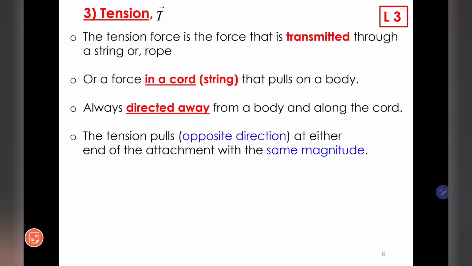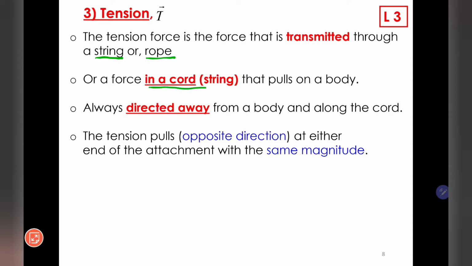Okay, the next force given here is the tension. So the symbol is capital T. So what is tension? The tension force is the force that is transmitted through a string or rope. So it must be on any string or rope. Or tension is a force in a cord or string that pulls a body.